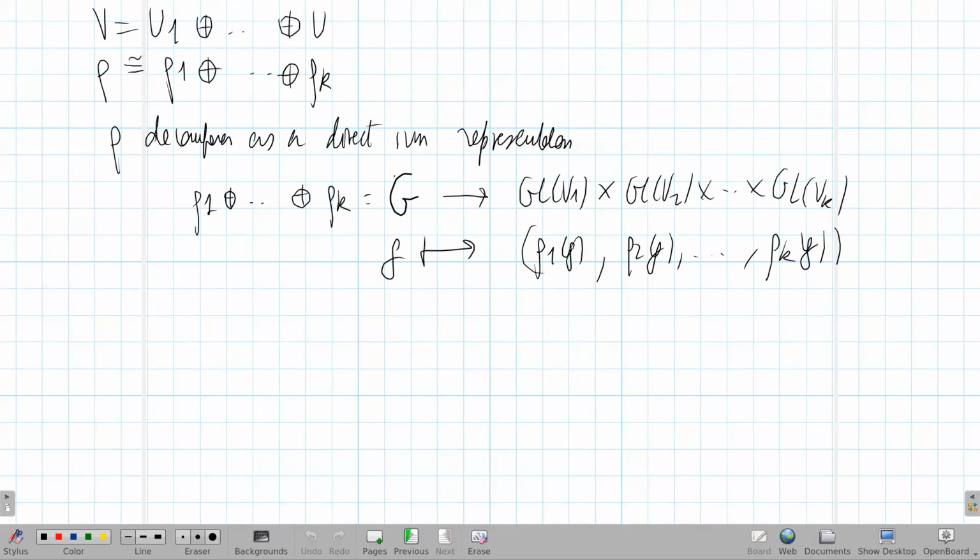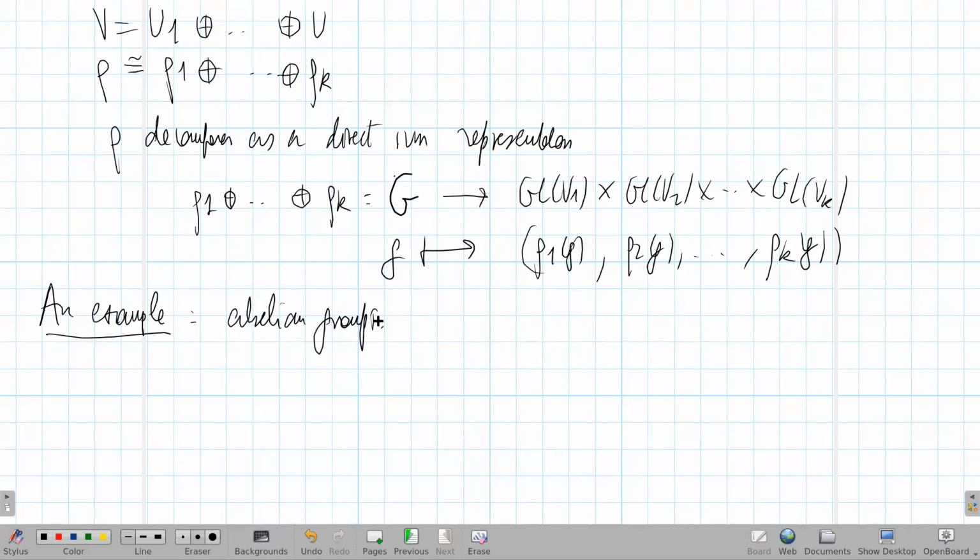Perhaps I'll finish the lecture with an important example, which we can already deal with: abelian groups. This is important because we'll see in a second that the irreducible representations of abelian groups all have dimension 1, okay?